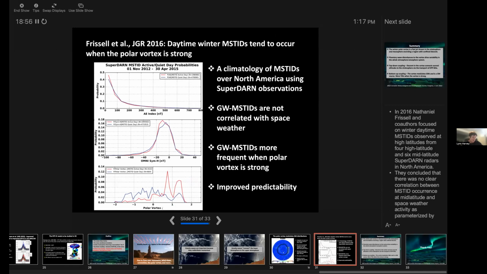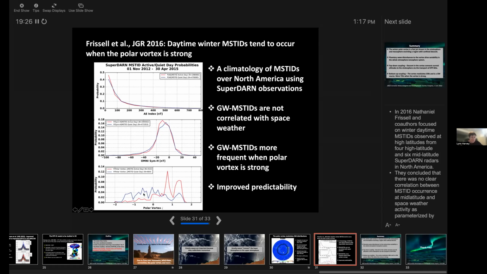They concluded that there was no clear correlation between MSTID occurrence at mid latitudes and space weather activity as parameterized by the indices of geomagnetic activity, AE and CMH, the top and middle panels. If you separate the MSTID probability distribution functions, where quiet days are in blue and active days are in red, in the top and middle panels, those two curves look identical.